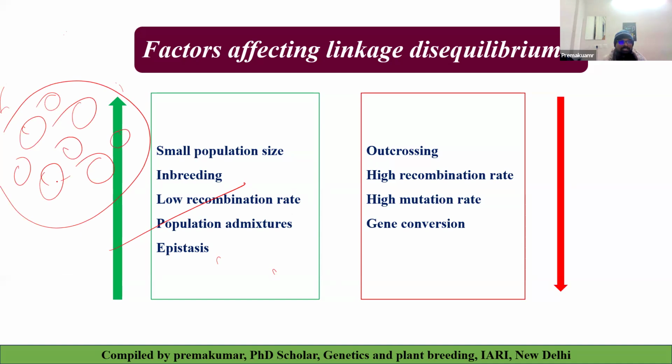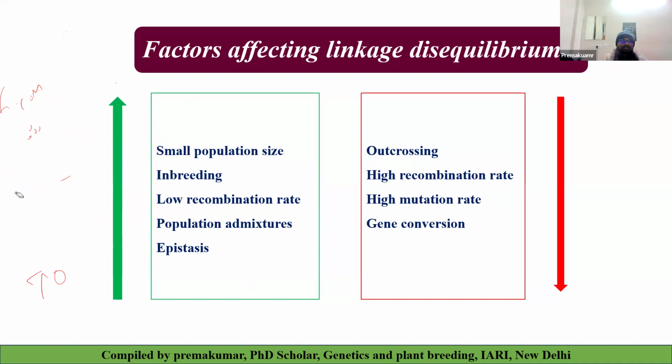For example, this is the total population and there will be subgroups, and individuals within a group never mate with the other group, meaning they never share alleles between groups. There will be a stoppage of random union. That's why when there are more subgroups in the population, the LD value will be higher. This point you should remember.